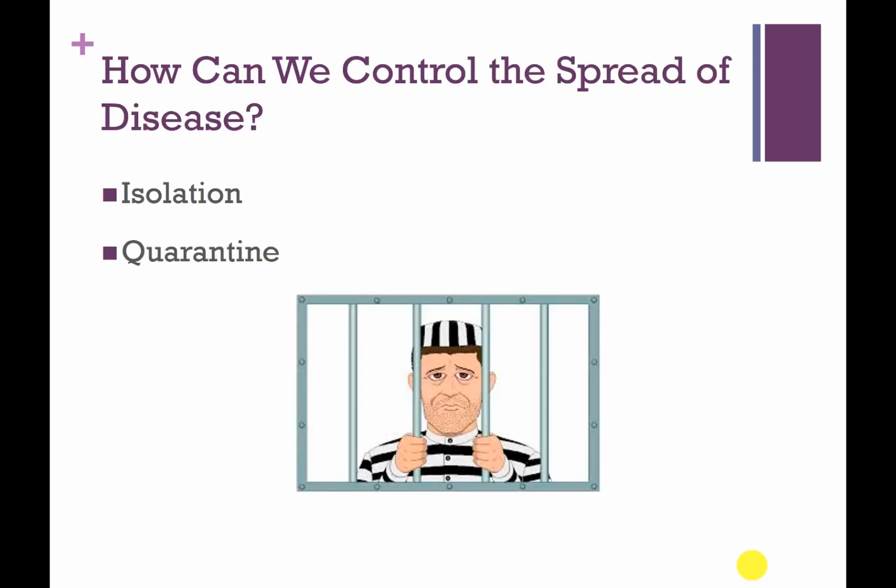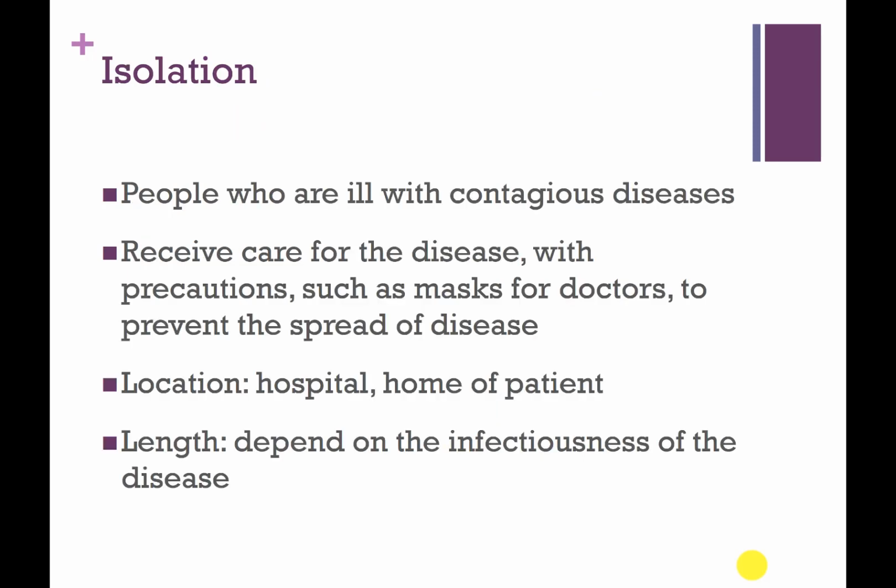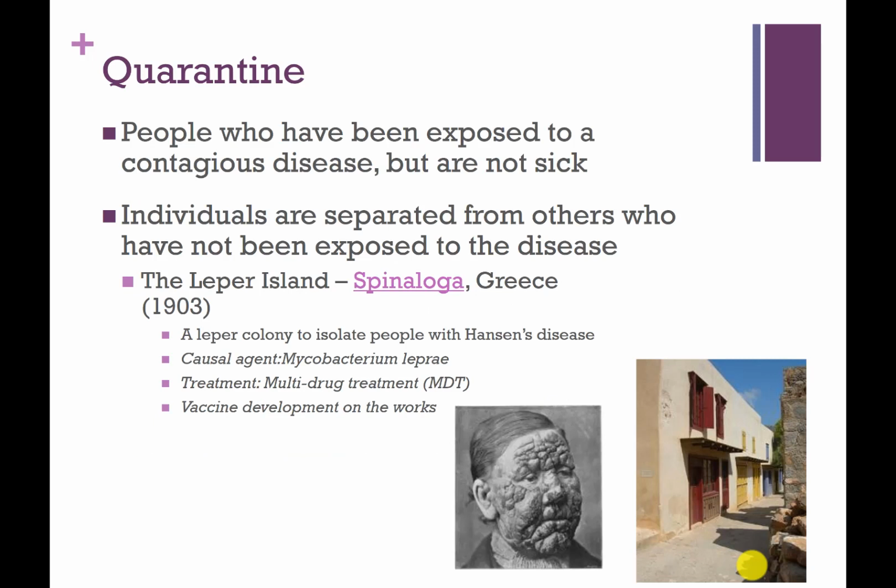Isolation and quarantine help protect the public by preventing exposure to people who have or may have a contagious disease. Isolation separates sick people with a contagious disease from people who are not sick. Quarantine separates and restricts the movement of people who were exposed to a contagious disease to see if they become sick.